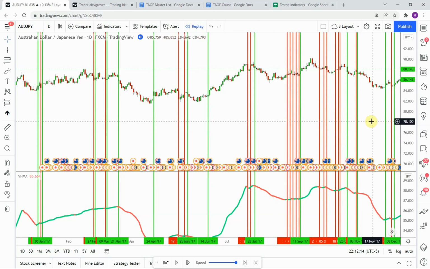So we have 34 trades all together, and we have 14 winning trades. So unfortunately, that is not going to meet the 60% criteria.